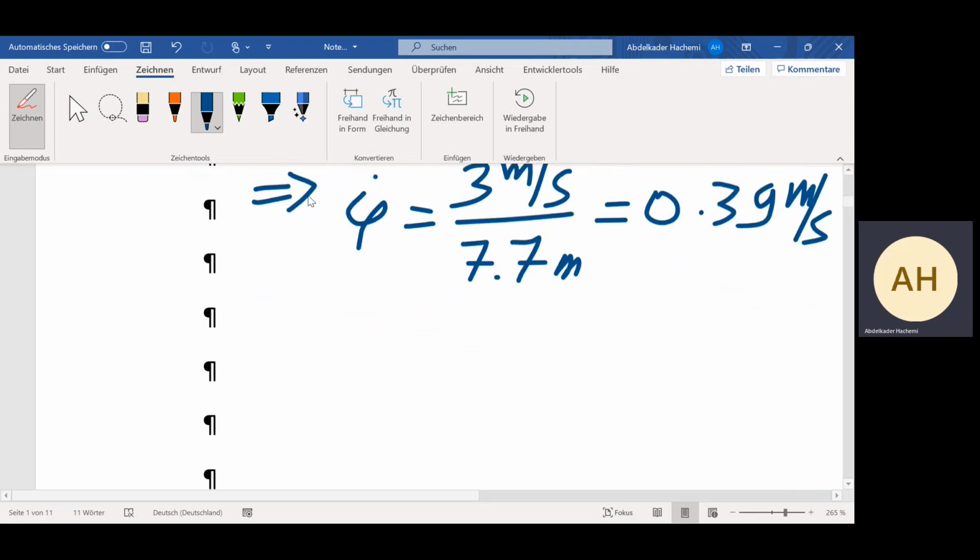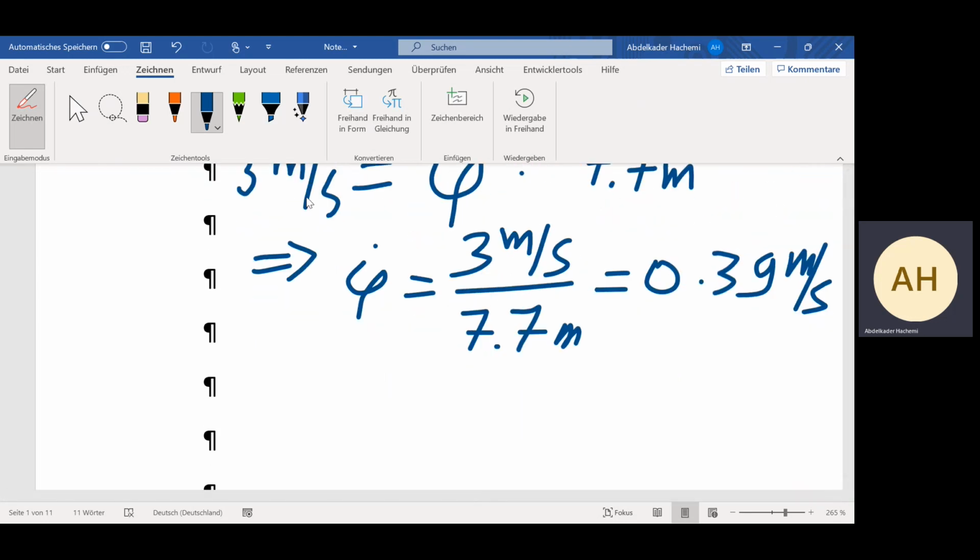Maybe we can get it also from the same principle.